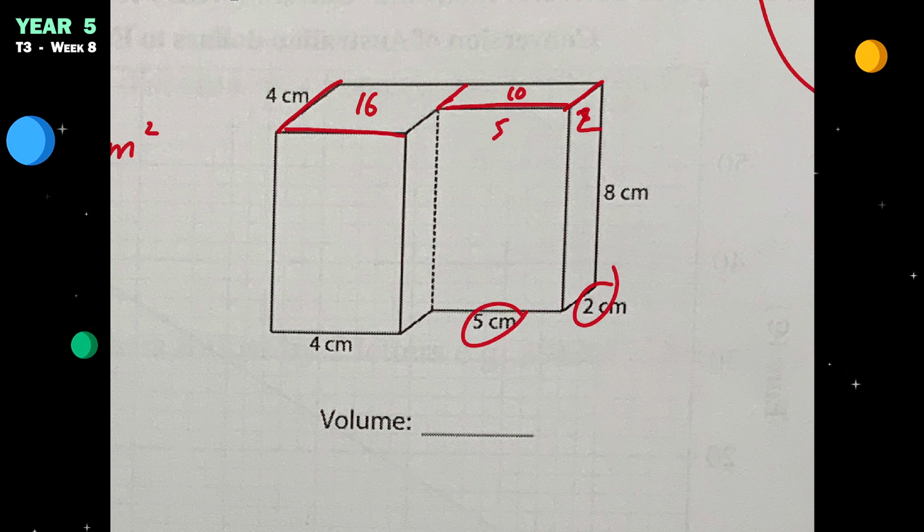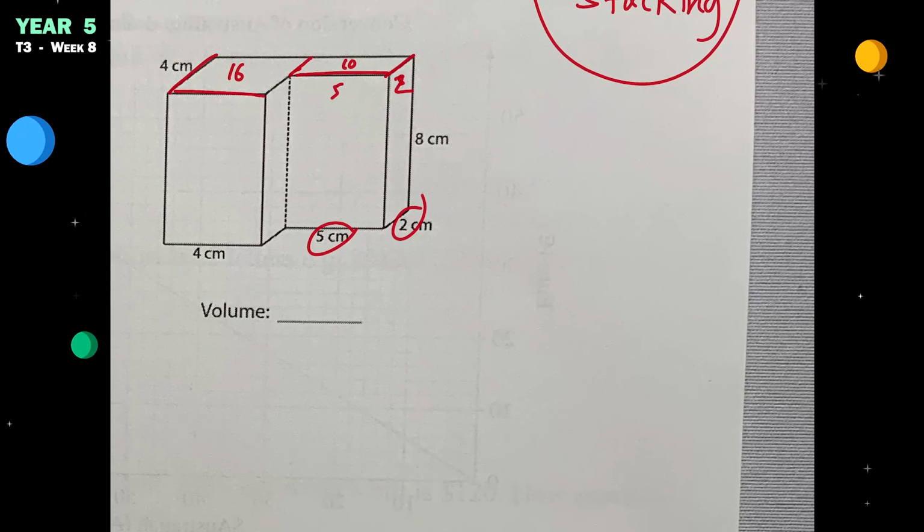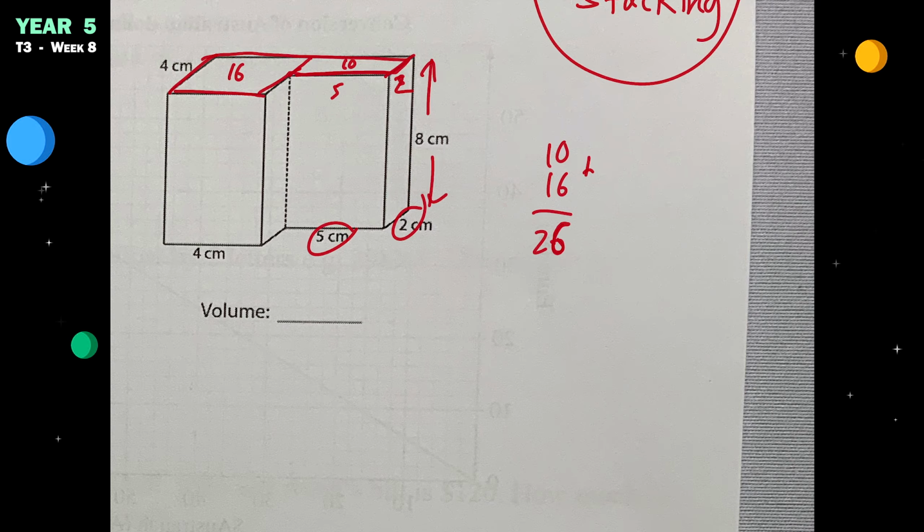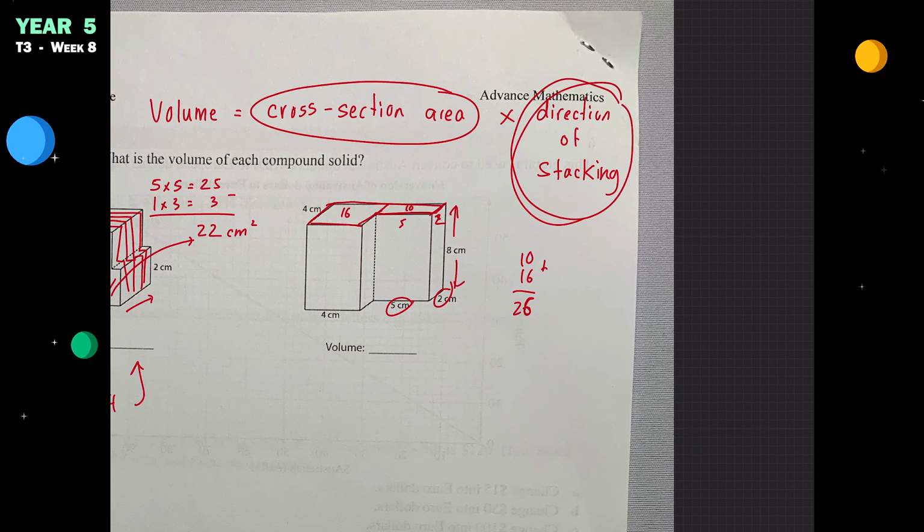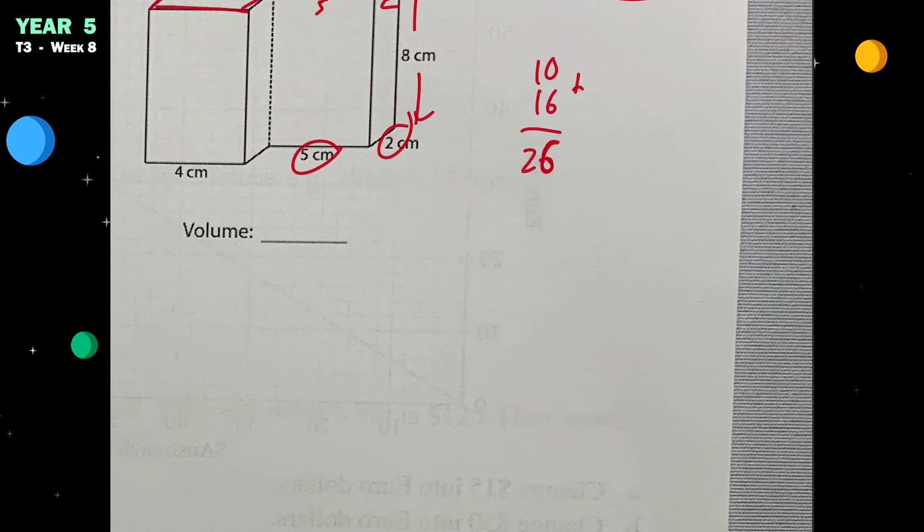So 5 times 2 is 10. 10 plus 16 will give you 26. So the area of this cross-section is 26. Once you have the cross-section, you have to multiply by that direction of stacking. So you times it by 8, and you get the volume straight away.